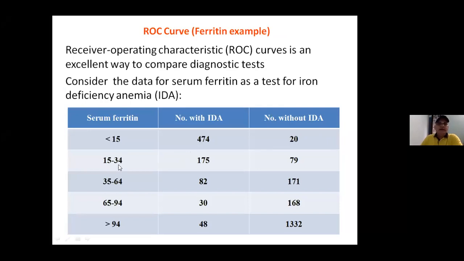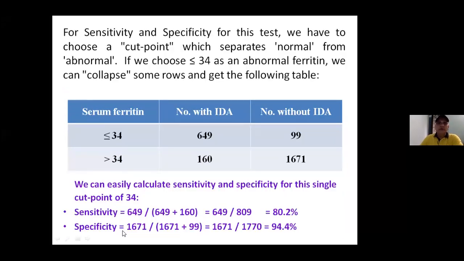Suppose I take 34 as a cutoff. Now, if I take 34 as a cutoff, then I can club these two values, say less than or equal to 34 and more than 34, and I can club these three values. Similarly, on this side, I can club these two values and these three values, with the 34 cutoff. Similarly, I can take a 64 cutoff, a 15 cutoff, a 94 cutoff, and this is what you will get.